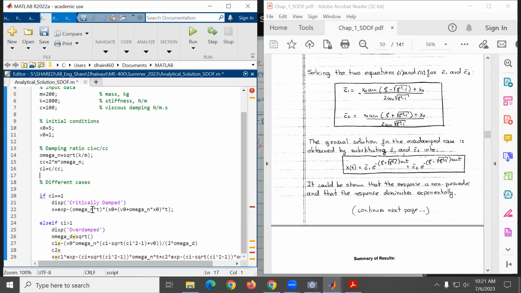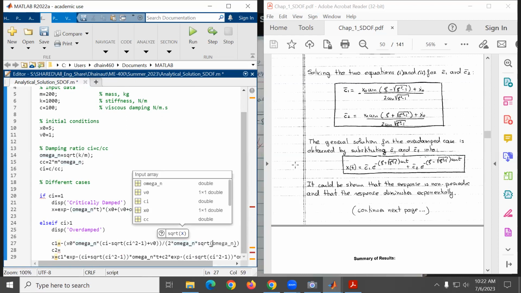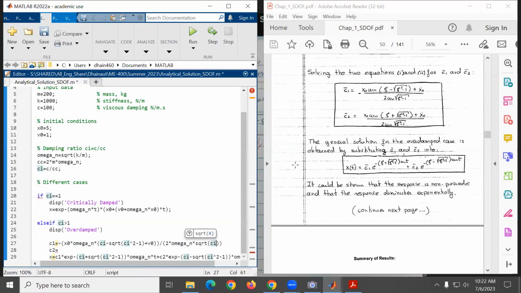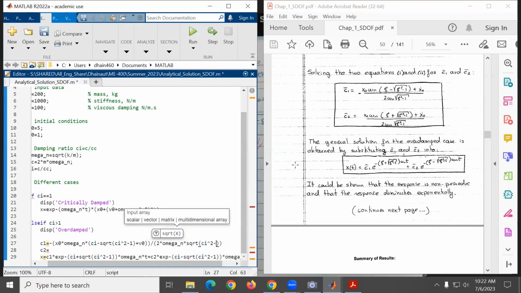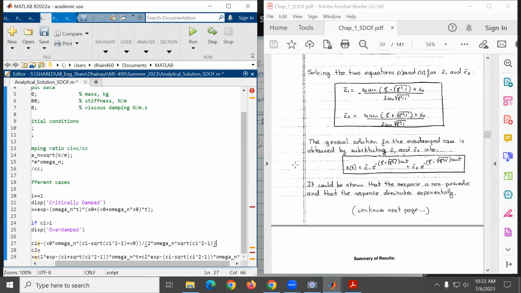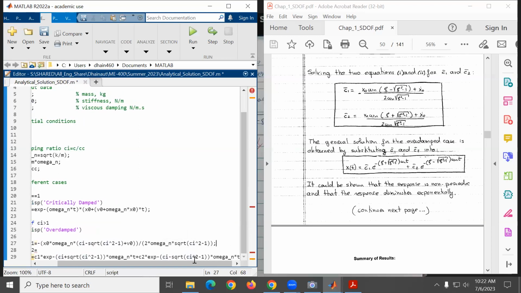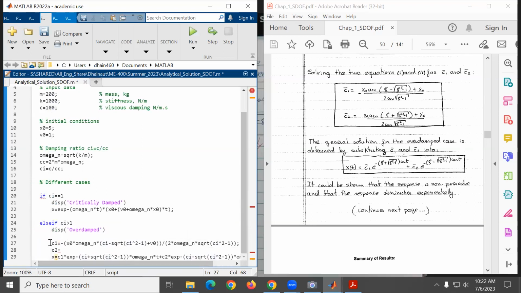All right, so critically damped, overdamped. Let's just write everything: 2 times omega sub n, because this term over here, omega sub n, is the damped frequency, times the square root of C squared minus 1. Hopefully there are no typing errors here.